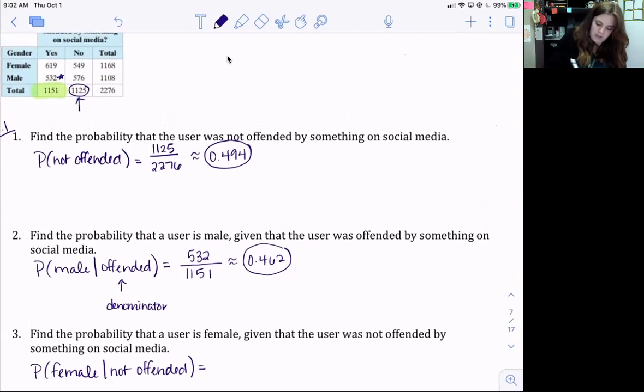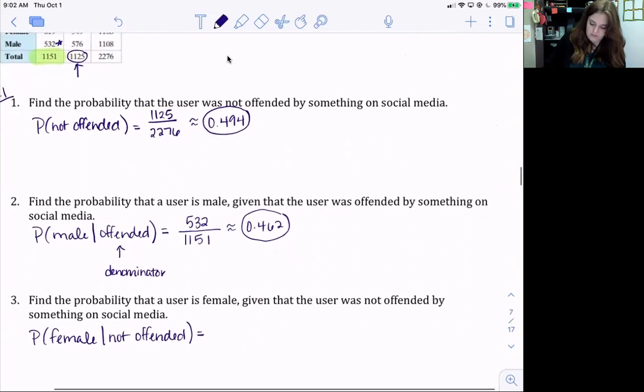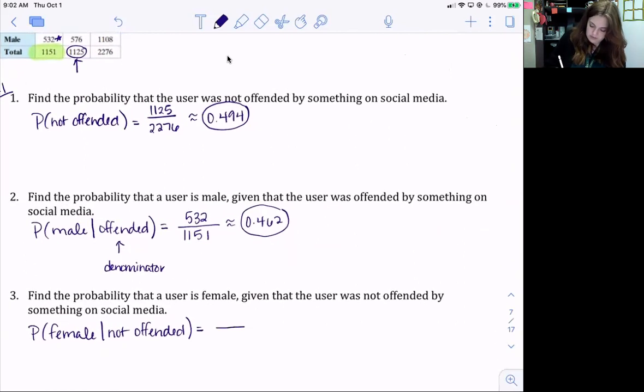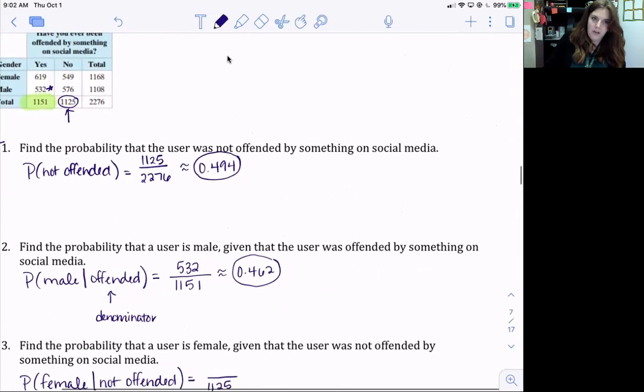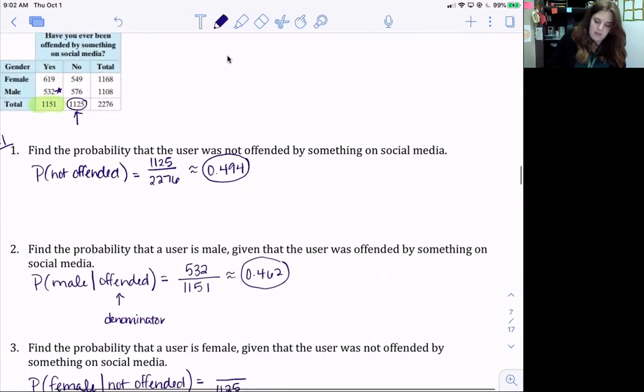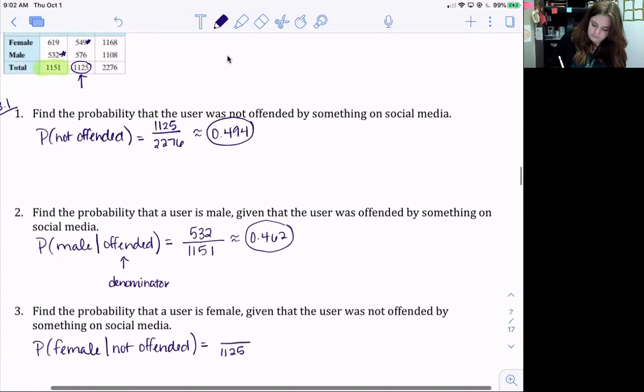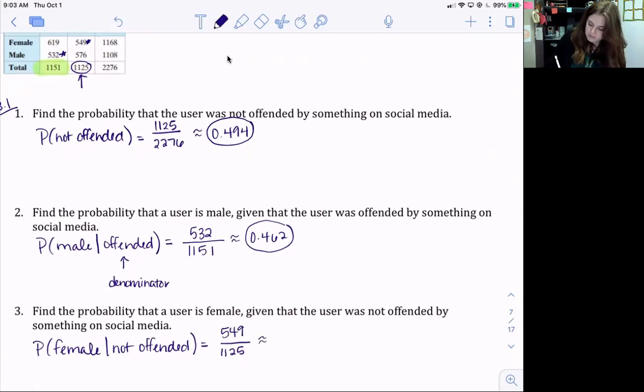That's the 1,125. That's our denominator. And of those 1,125, how many are female? That would be the 549. We divide and round to 3 decimal places, we get 0.488.